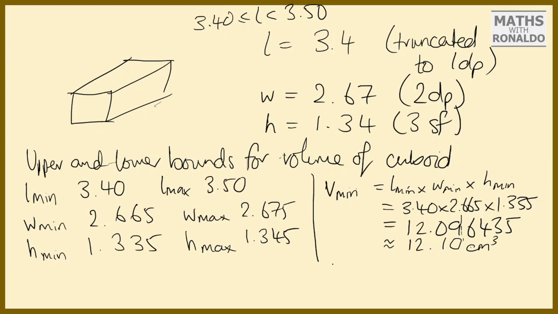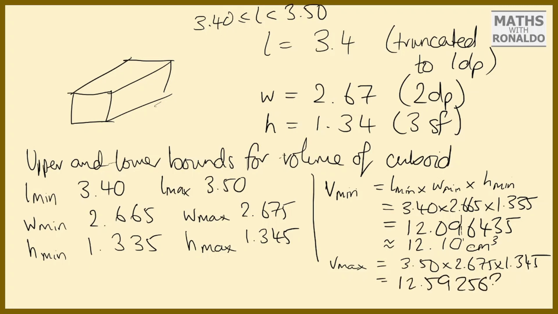And V max is L max times W max times H max, which is 3.50 times 2.675 times 1.345, which gives 12.5925625, which we'll round to 12.60 centimeters cubed.